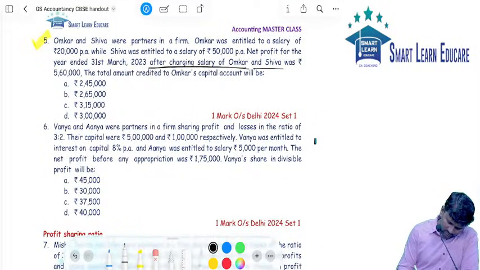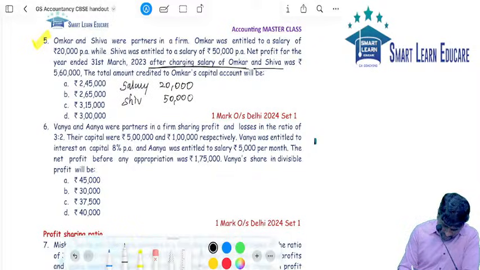First of all, what is the amount of salary to partners? The first partner's salary is 20,000. The second partner Shiva's salary is 50,000. It means totally how much is paid towards salary? 70,000 is paid towards salary.